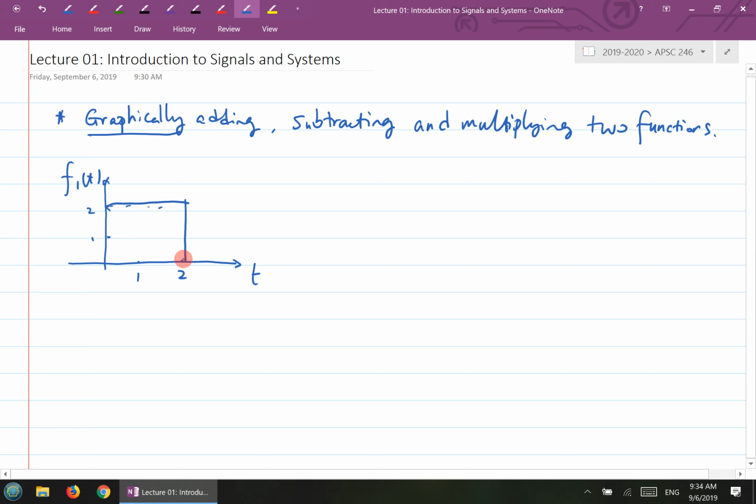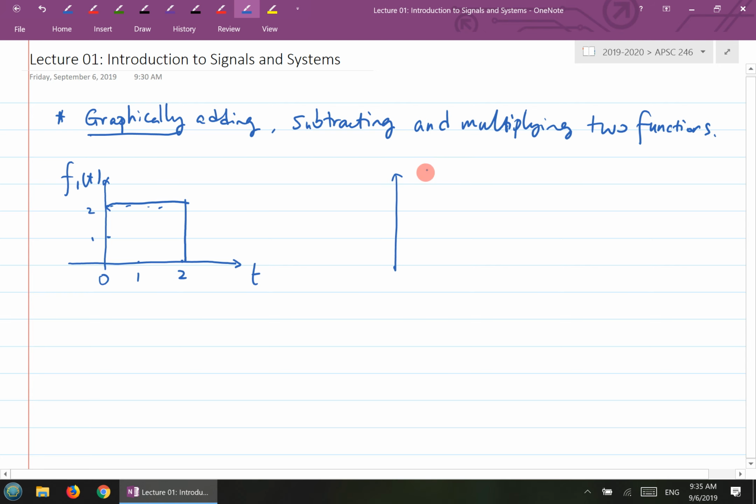It's a rectangular wave that only exists between 0 and 2. For t between 0 and 2, the magnitude is 2. Outside this area, below 0 or greater than 2, the function is essentially all 0. This is what we call a rectangular curve, sometimes a square wave.